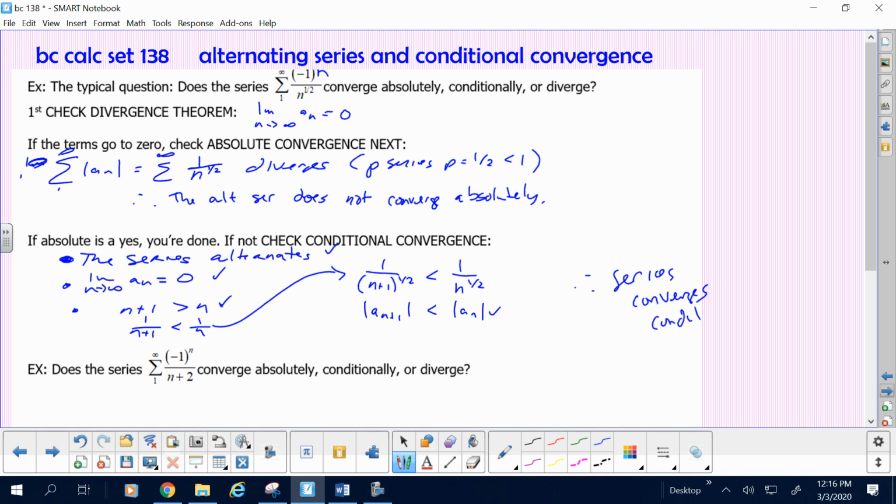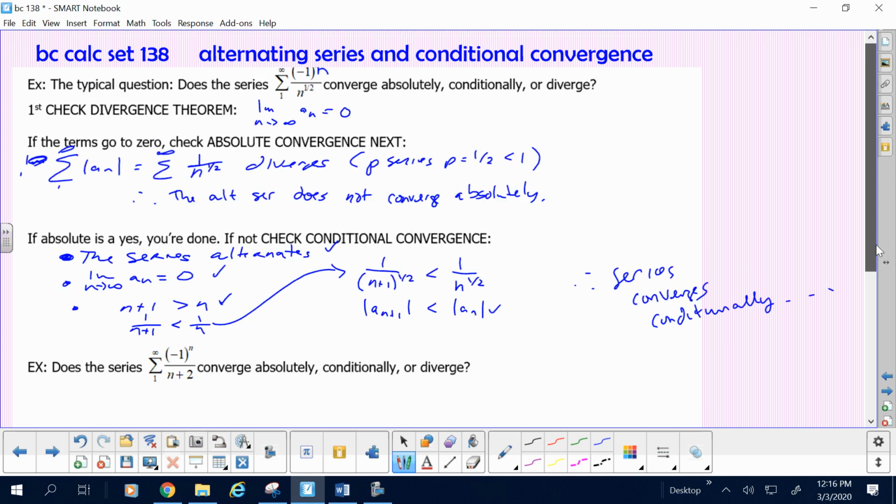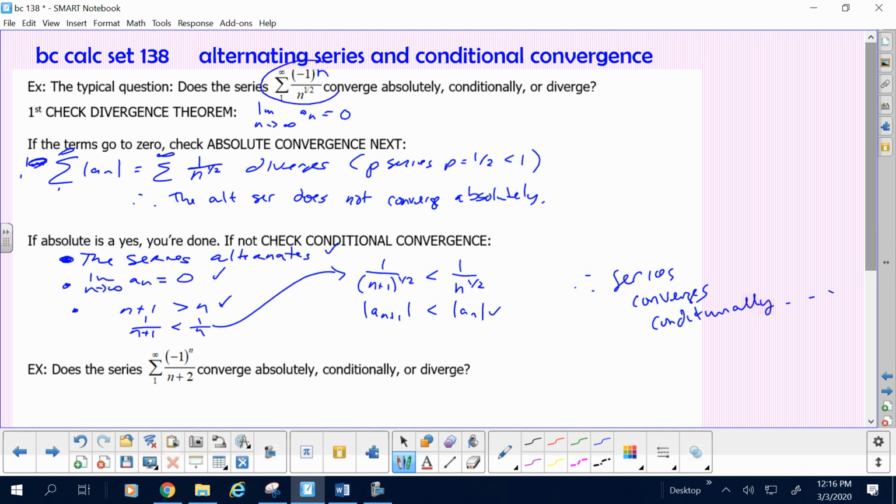It's alternating, which helps convergence. The terms are getting smaller, so it has a chance, and therefore converges conditionally. You with me? If I took a calculator to this and did 20 partial sums and 100 partial sums and 1,000, you would see it approaching a limit. It does not go out of control.